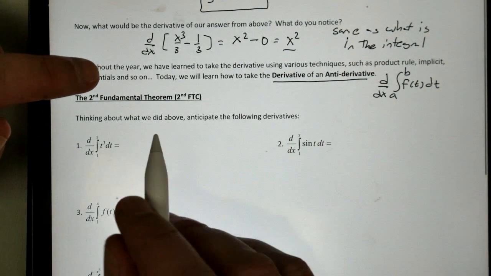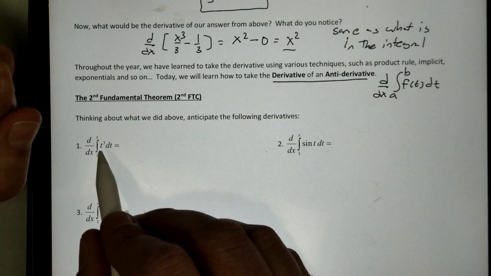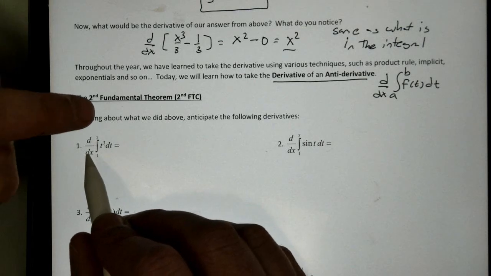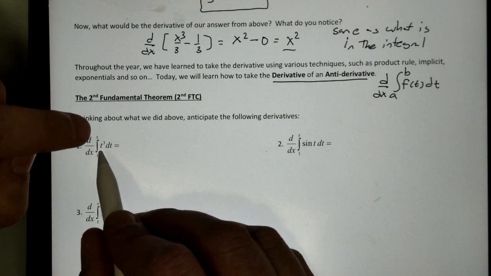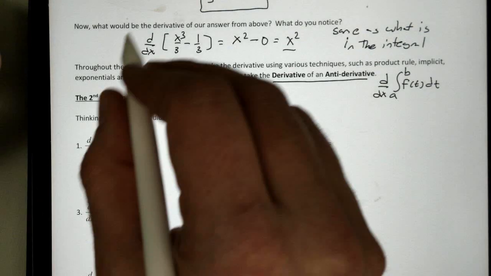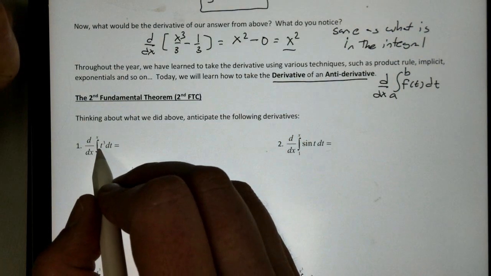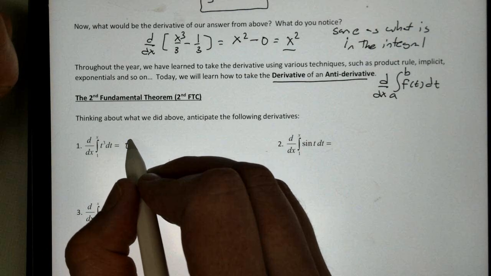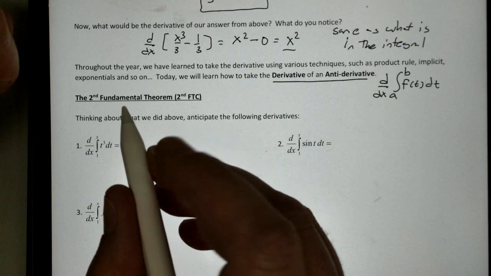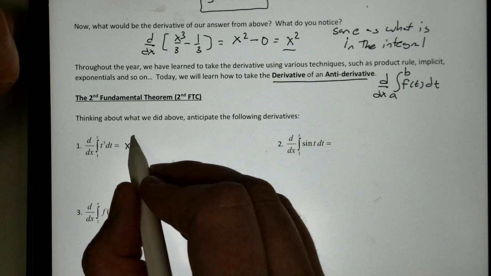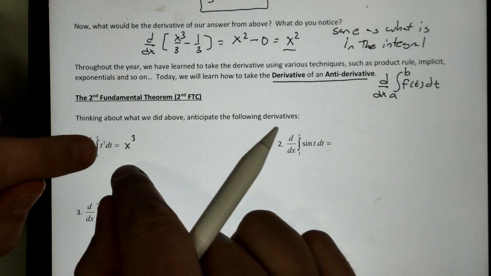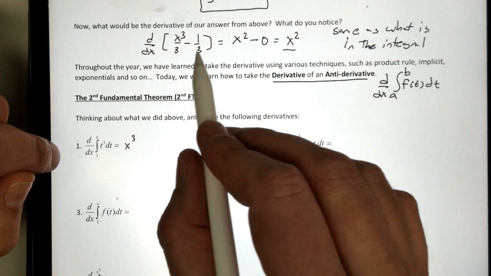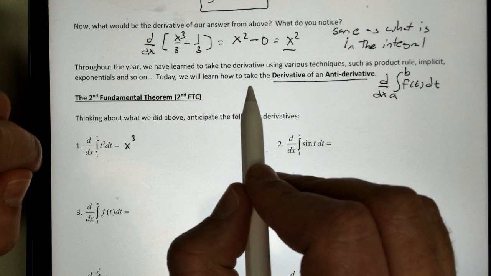So what should we expect to be our answer here? Again, I'm taking the derivative of an antiderivative. So if we look at what we did above, all we did was replace the t with x. So I think I should get, well, it's not t this time, x cubed. Now if you notice, there's going to be no plus c on these because we're taking a derivative. The derivative of that constant just became 0 right there.